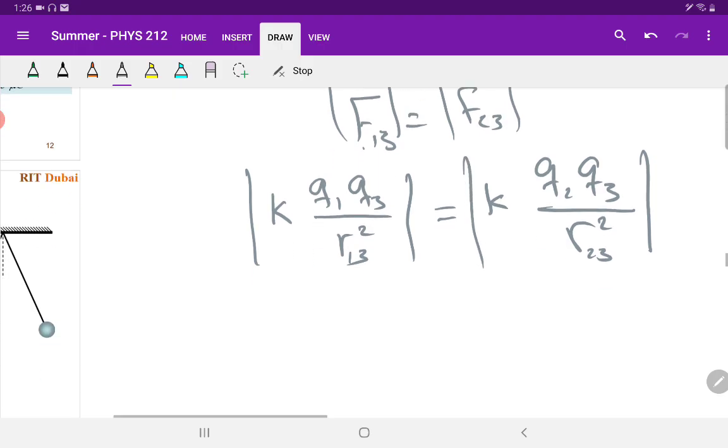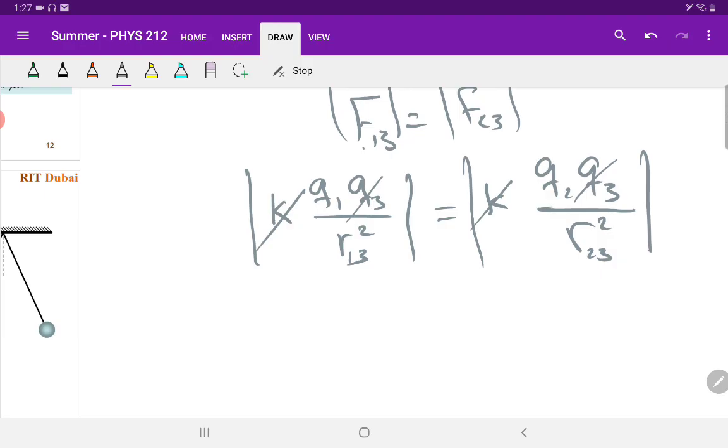Now, in this case, you can see that K with K cancels out, Q3 with Q3 cancels out, and that's amazing. That's why we don't care about the charge Q3. It could be positive, it could be negative, and that will not change the position that will satisfy this condition.